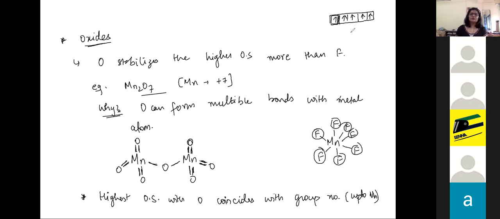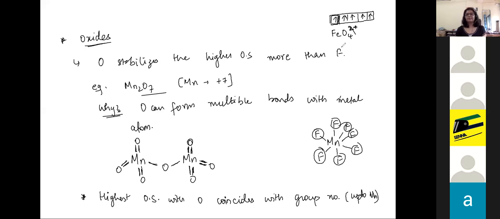+4 is also known to exist, but that exists in the form of ferrate ions. Ferrate ions are, just like sulfate, nitrate, phosphates, FeO4 2-. Sorry, 2+ because 2 electrons are missing here.